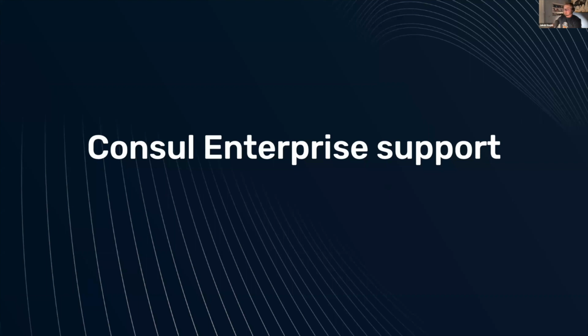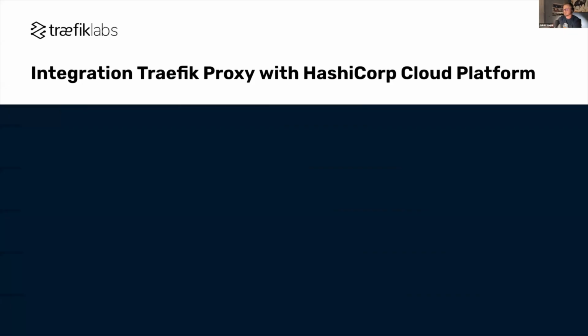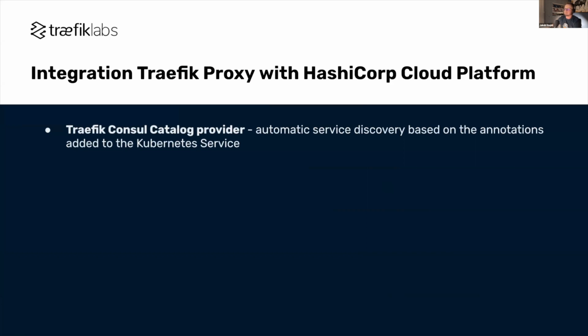Another feature that I would like to discuss is, again, Consul Enterprise support. As I mentioned, we settled a partnership with HashiCorp, so we added a lot of features to integrate with their platform. The first is the Traefik Consul catalog provider. If you use that provider, you can automatically discover services running on your Kubernetes, and that service, thanks to the annotation added to the Kubernetes service, will be automatically created in the Consul catalog.